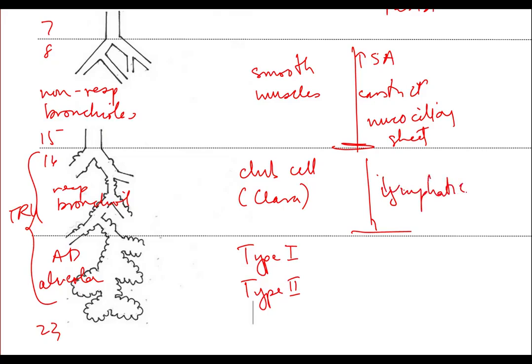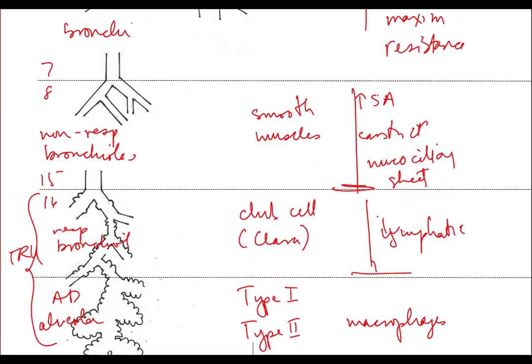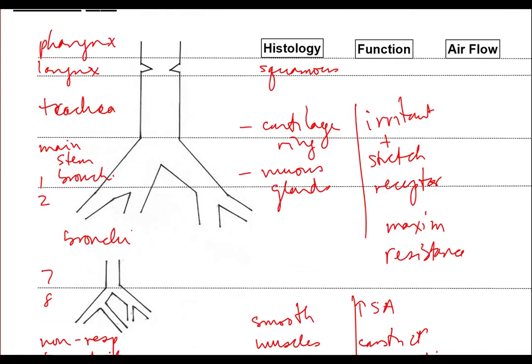Which means when we're in our true alveolar structures, everything has to be cleared using macrophages, which have to travel a short distance then to that lymphatic tree. When we talk about how that works for airflow, we can see that the maximum velocity here is at the level of the bronchi, and we're going to talk about that when we get to forced expiration.